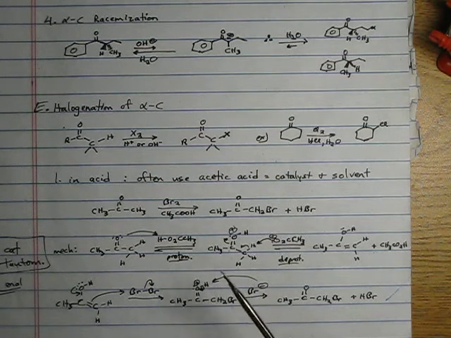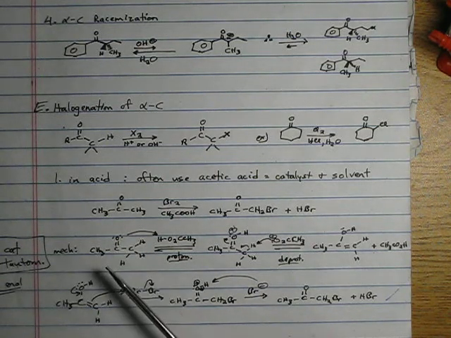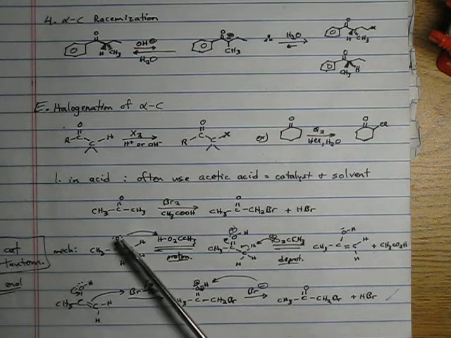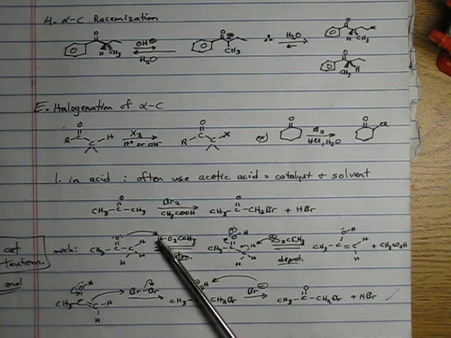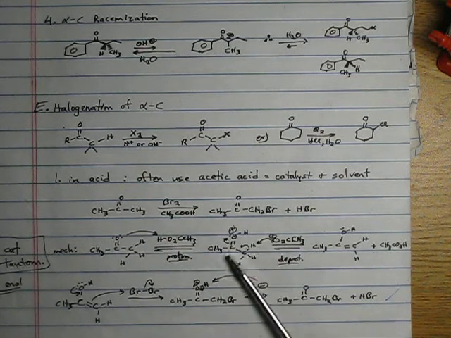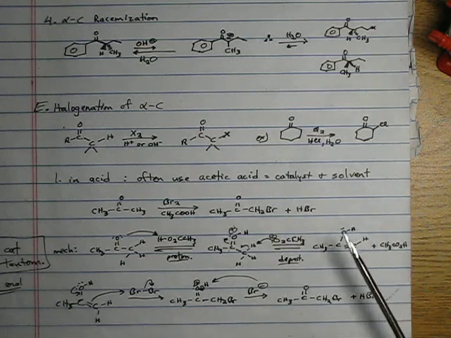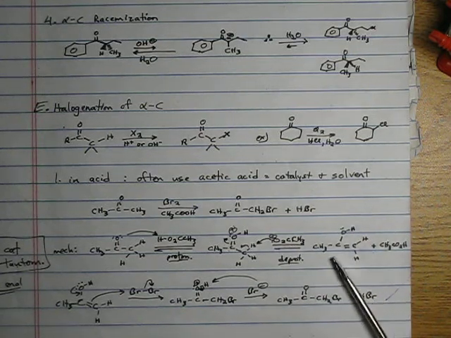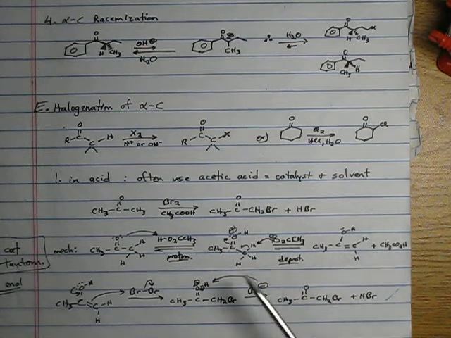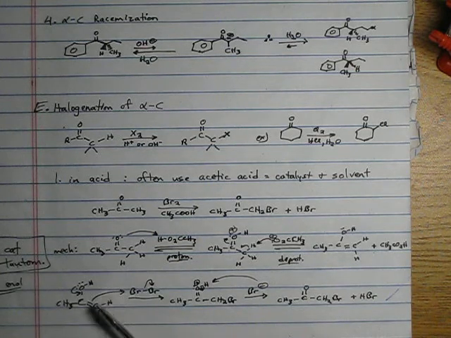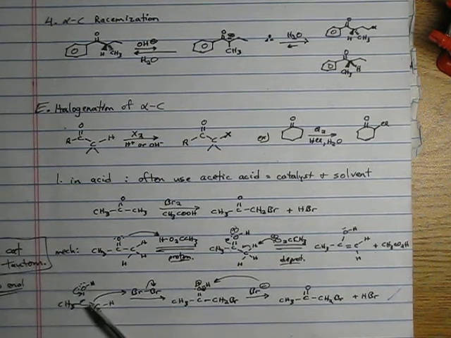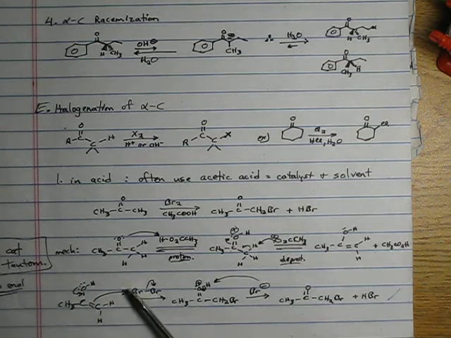Let's go through it. First thing is acid catalyzed tautomerization. The oxygen attacks that hydrogen, protonates it. We get the tautomerization to this enol here. Then this carbon will attack this bromine here. We can write it this way, where the double bond reforms between the oxygen and the carbon, and the carbon-carbon double bond breaks and attacks the bromine.